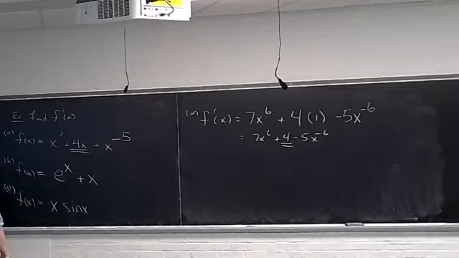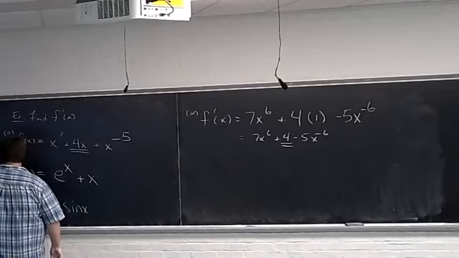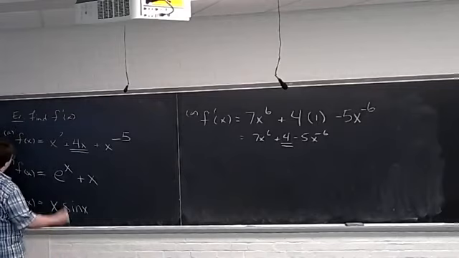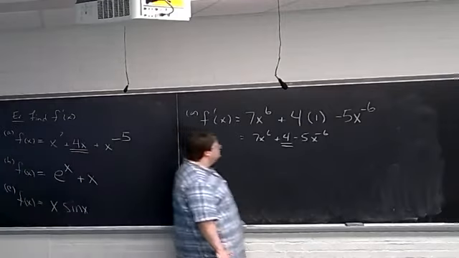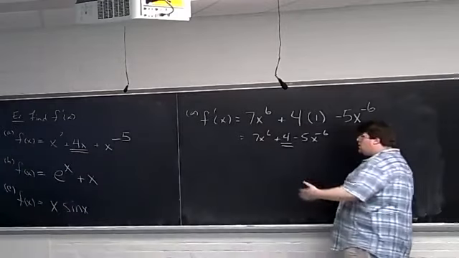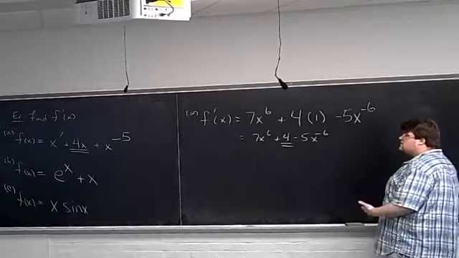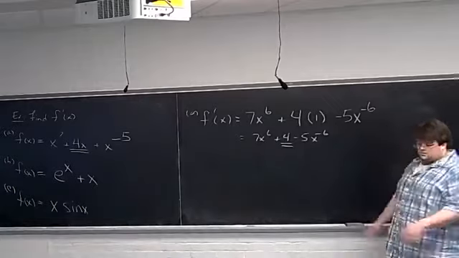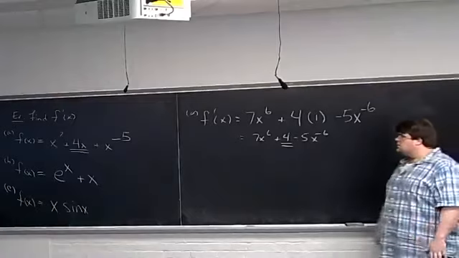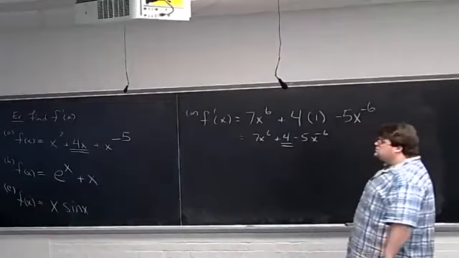It takes a good amount of time to do the power rule with an x to the first, but it will always work out. The derivative of a constant times a function is just that constant. And that's going to show up a lot throughout the semester. Any questions about part A?